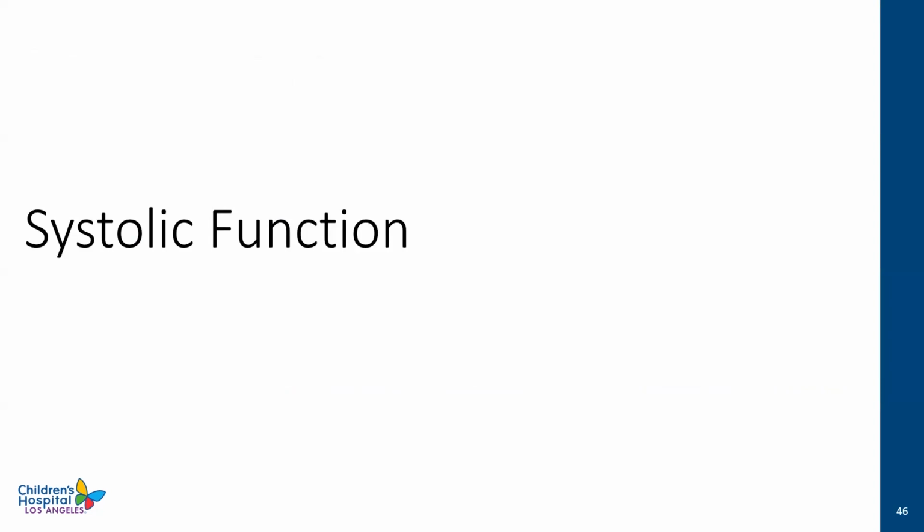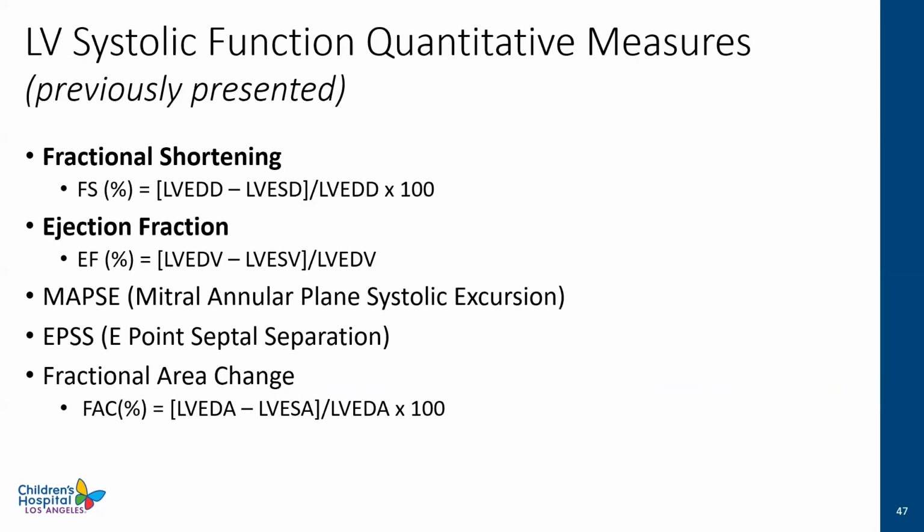As I mentioned at the beginning, I'm not really going to go into systolic function because you do get 2 really comprehensive lectures on this. But I will just summarize that for LV systolic function in pediatrics, we tend to use fractional shortening and ejection fraction. In adults, they have other methods like the mitral annular plane systolic excursion, your E-point septal separation, and fractional area change, but I don't think these are commonly done in pediatrics, and we don't really have normative values for them.